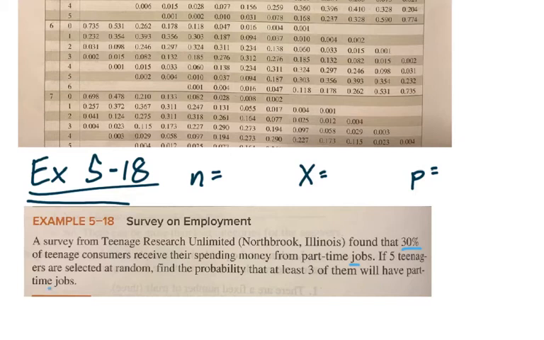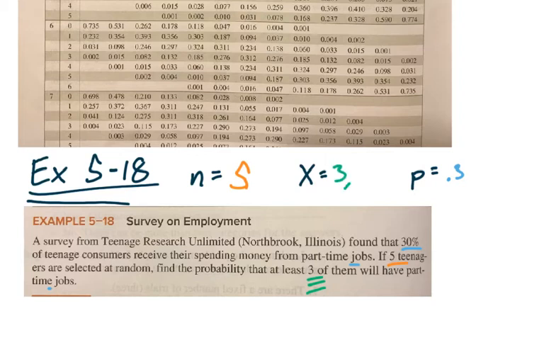So here, having a part-time job is the quality that we're looking for, so our chance of success is the proportion of the teenagers that have a part-time job. What else do we know? We want the probability at least 3 of them, and we're looking at 5. All right, so it looks like N has got to be 5, and we want the probability at least 3 of them. Okay, right. So if we have 3, that's perfect.